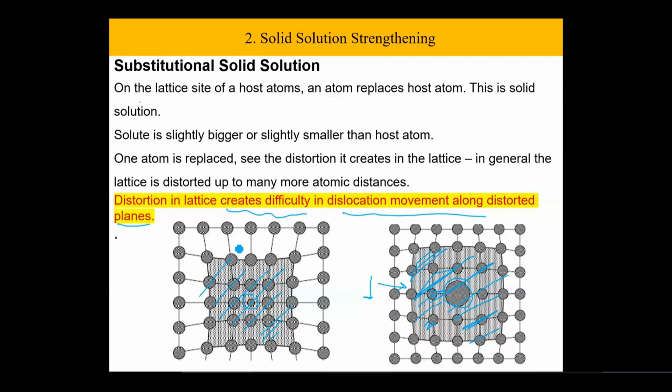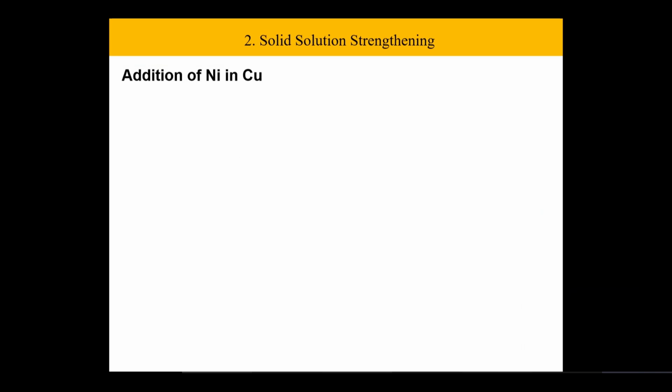So due to the addition of an element which substitutes the host atom, you essentially have a stress that is being created, and this stress basically resists the motion of the dislocation, which is again a resistance for the plastic deformation.